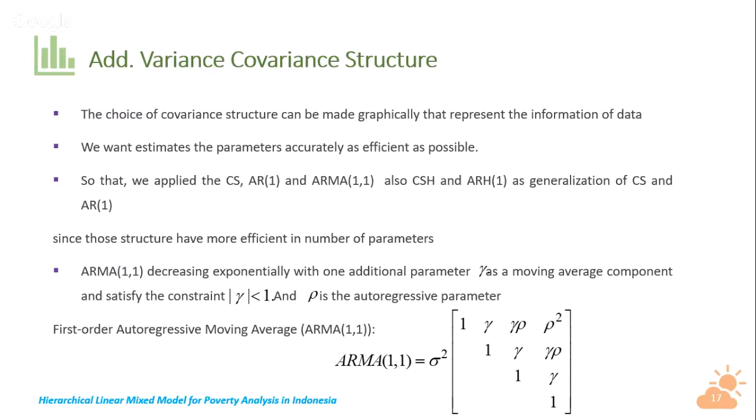The ARMA covariance structure decreases exponentially, with an additional parameter gamma as the moving average component, satisfying the constraint that gamma is less than 1, and rho is the autoregressive parameter.